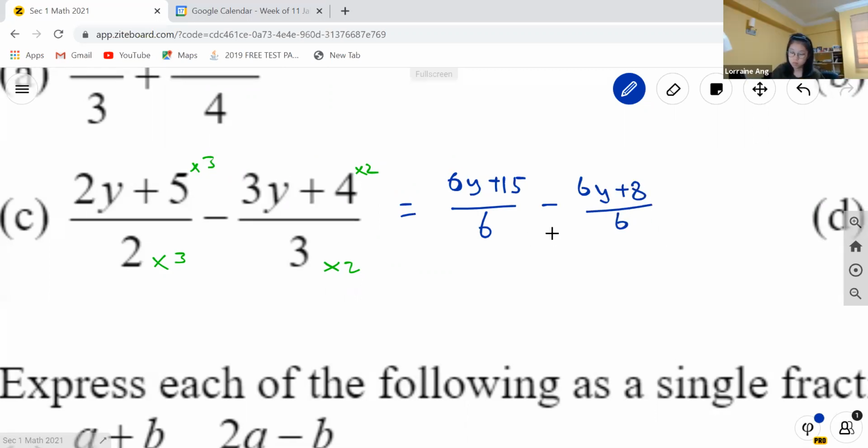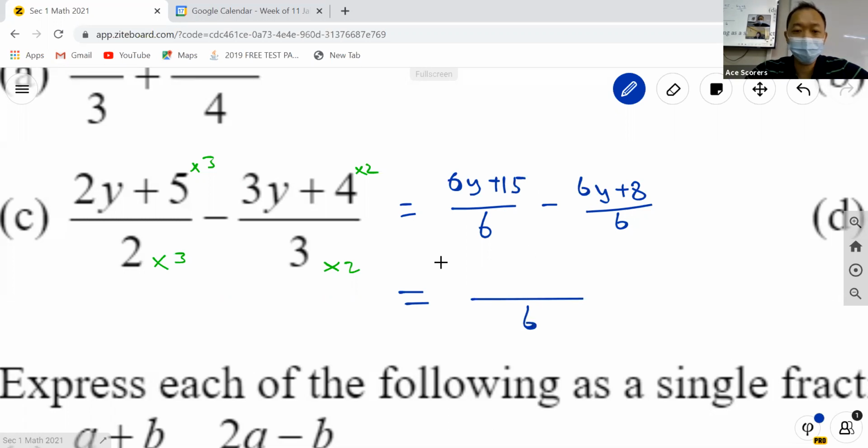Once the denominator is the same, you can combine the numerator. Okay, but there's a bit of a problem here because it's a minus. So this minus, right, I got the rainbow inside. So I will end up with 6y plus 15, take away 6y, take away 8.